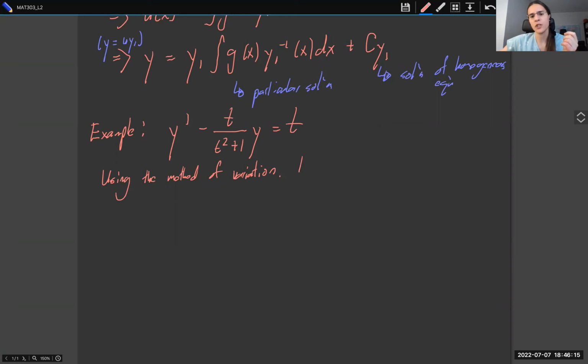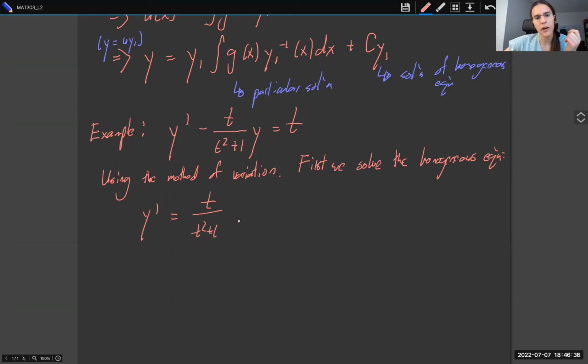First, we solve the homogeneous equation. The homogeneous equation is y prime equals t over t squared plus 1 times y.